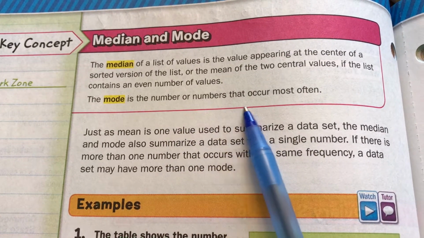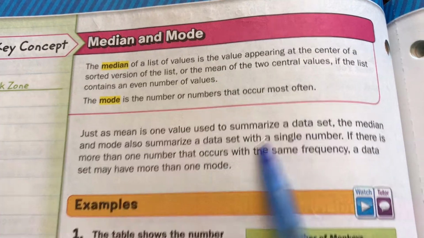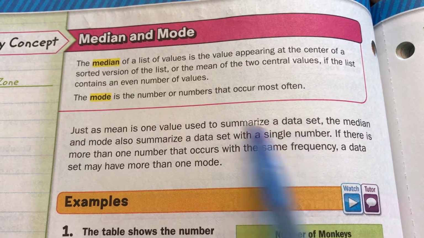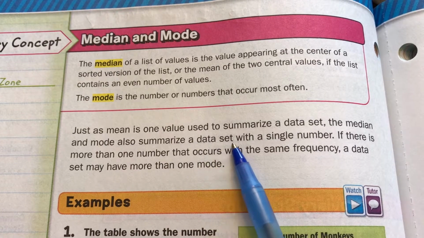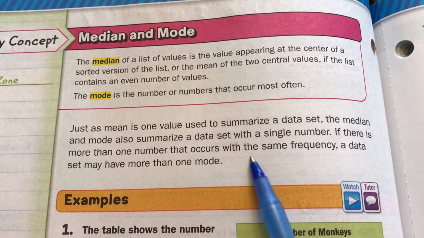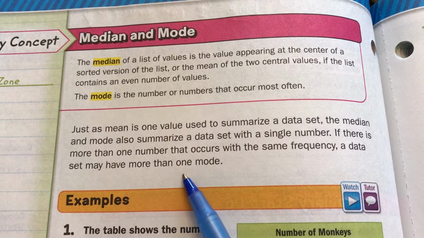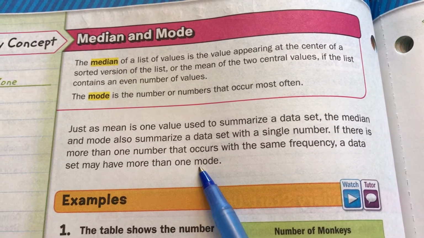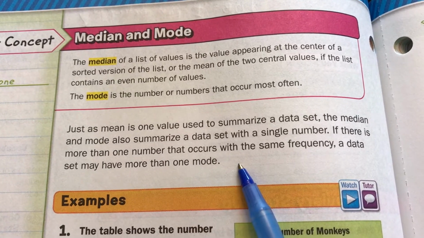The mode is the number or numbers that occur most often. So just as the mean is one value used to summarize a data set, the median and mode also summarize a data set with a single number. If there's more than one number that occurs with the same frequency, a data set may have more than one mode. It also may not have any mode at all if there aren't any numbers that reoccur.